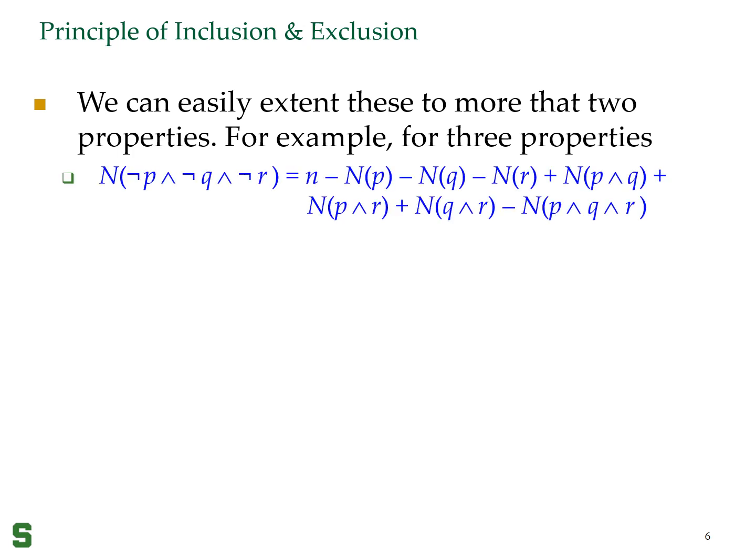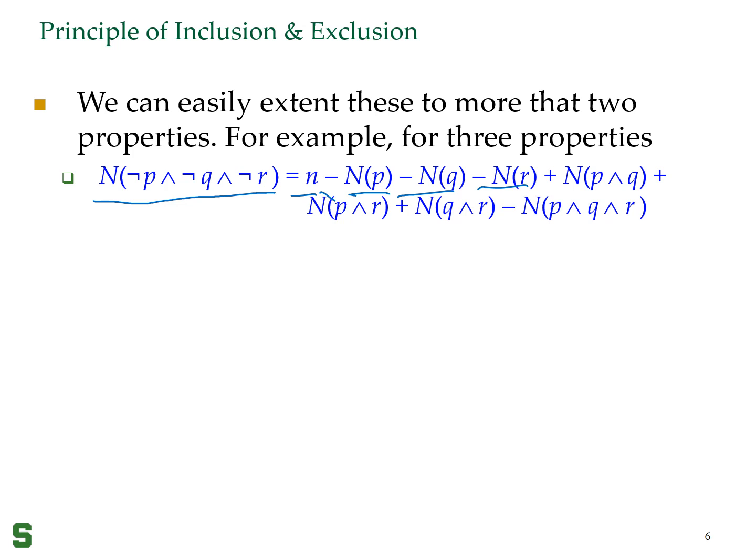This is the extension of this for three properties. The one that is of most interest to us is if I wanted to have the property not P, not Q, and not R, then I can start with all the objects and remove objects that have the property P, or property Q, or property R. When I do that, I'm going to remove some objects too many times.